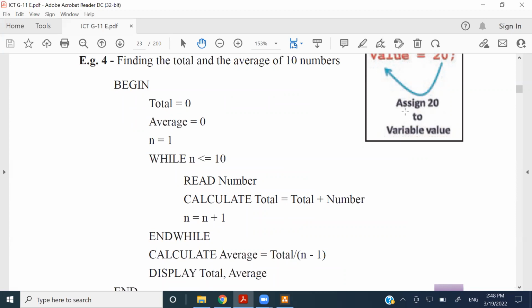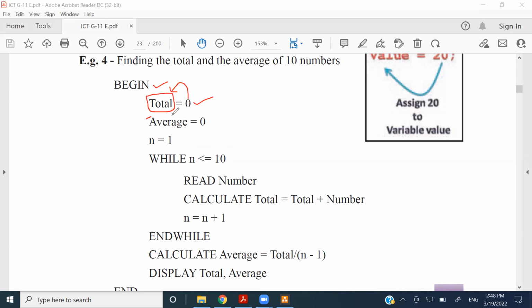How has the fourth example been done? Right, they are finding a total and the average of 10 numbers. Now, if you look closely, you can see they start with a begin as usual. So here they said total equals 0. That means there is a variable called total and it is assigned the value 0.